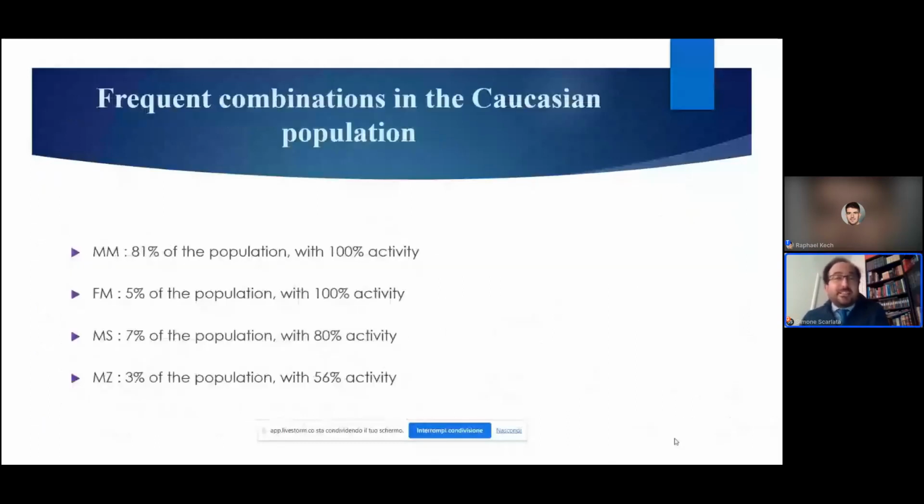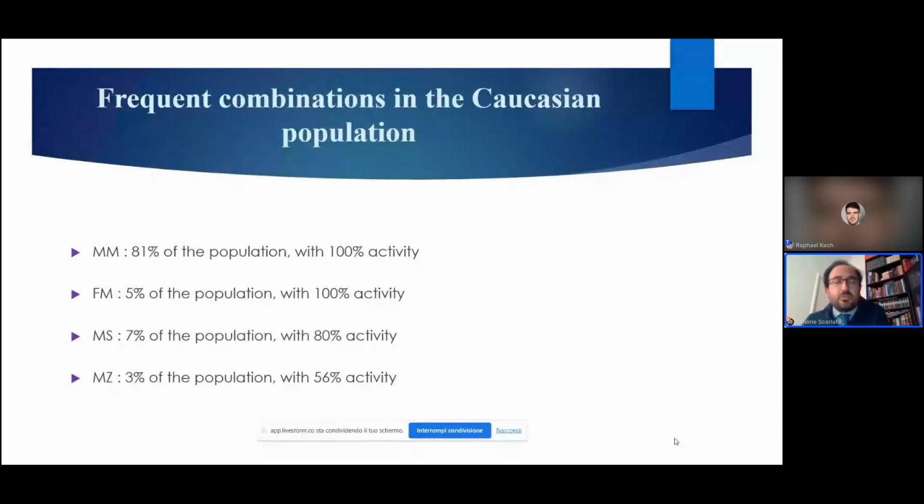This is a list of those frequent combinations in alpha-1 antitrypsin gene mutation that are not leading to pathological consequences. We have the MM genotype that occurs in 81% of the population, and it is associated with a normal protein activity, as well as the FM genotype occurring in about 5% of the population, again associated with normal protein activity.